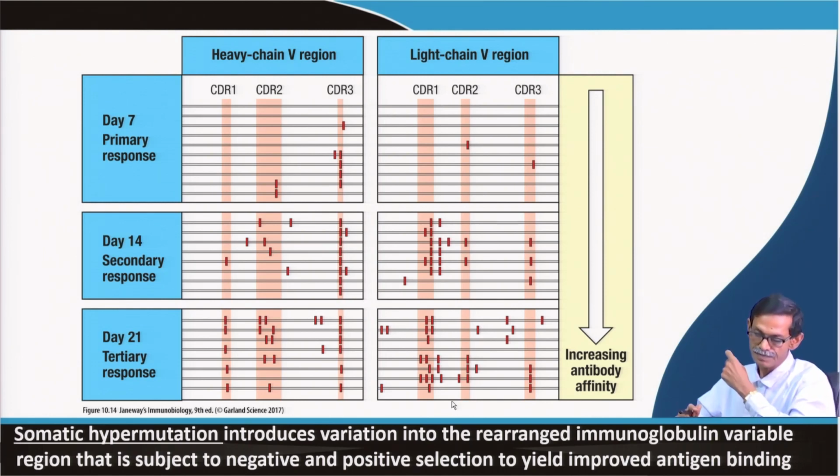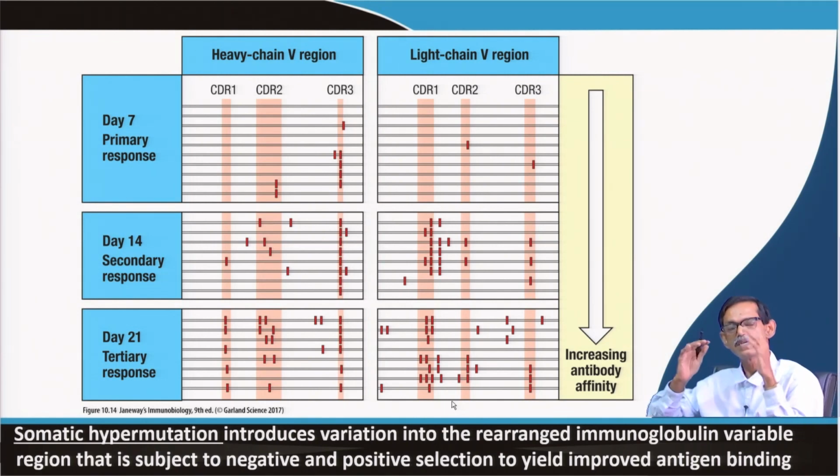So, let me go a little slowly at the beginning, because this is also a very simple and straightforward thing. You see that the CDR region or HV region, the hypervariable regions, are the most important, or you can say the only ones, which interact with antigen.